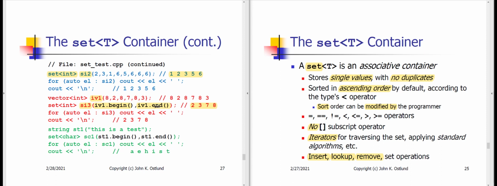So we are using the values 8, 2, 8, 7, 8, 3, all the values in iv1 from the beginning up to just before the end. Now the duplicates will be rejected and they will be put in ascending order, so that when I display the set si3, I will see that si3 contains 2, 3, 7, 8.